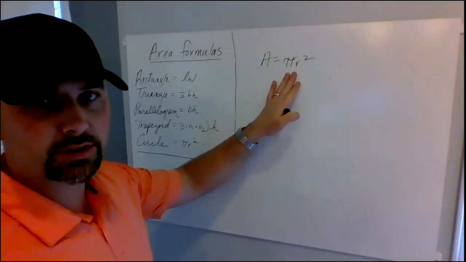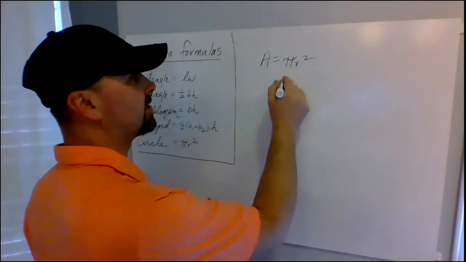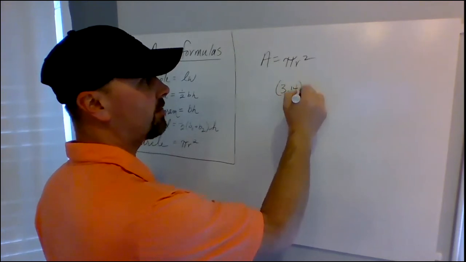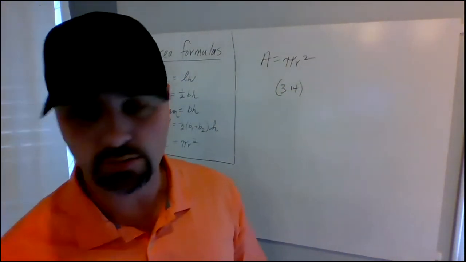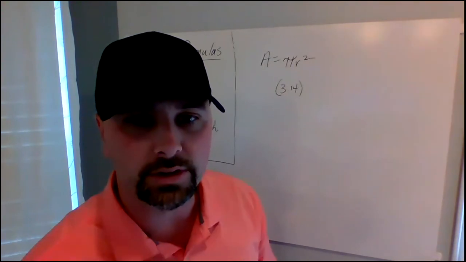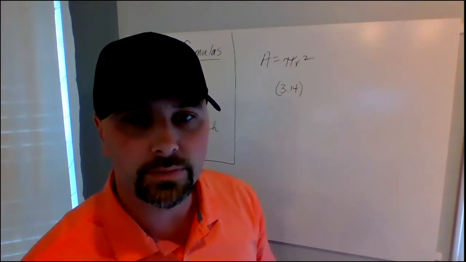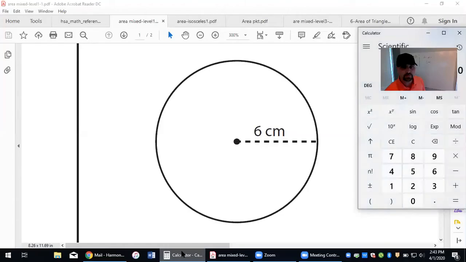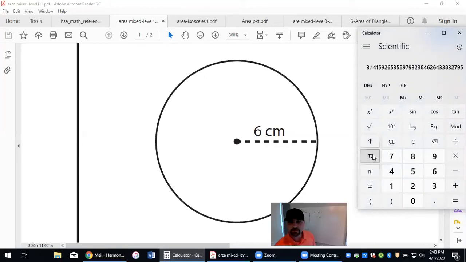In the video yesterday, we talked about what pi is. Remember, it's just a number. If you have a pi button on your calculator, which you probably do, let me pull up my calculator. Let's see if pi's on there. Yep, here it is. If I hit the pi button, notice it gives me a long number for pi. If you want to just use the first 3 numbers, 3.14, you're welcome to do that.